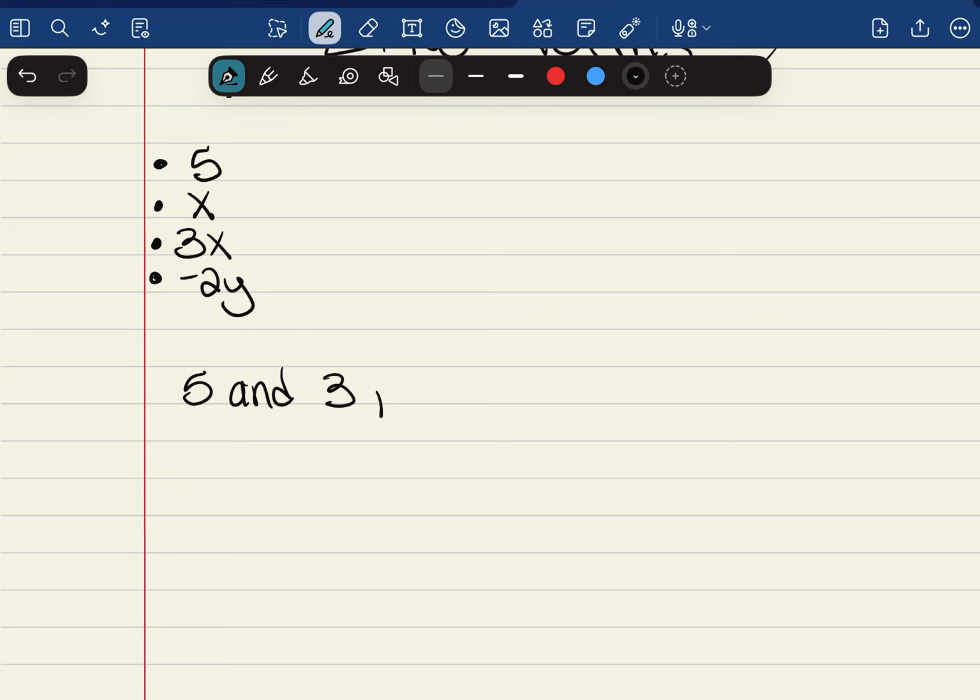Those like terms can be combined by adding, subtracting, multiplying (I'll do a dot for multiplying), and division. So if they're like terms, you can do any of those to them.